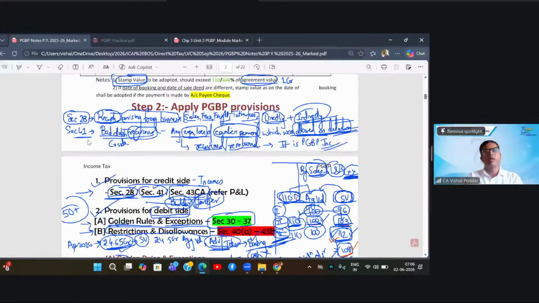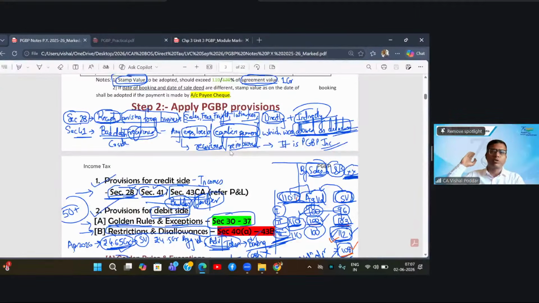Then comes section 41. In section 41, technically these are not incomes per se, but these are recoveries. These are reimbursements in the current year of those expenses or losses which happened in the past year, and you had taken deduction of that expense under the PGBP head.